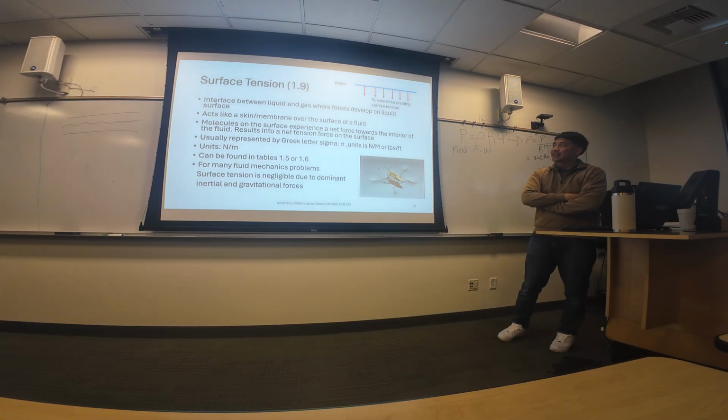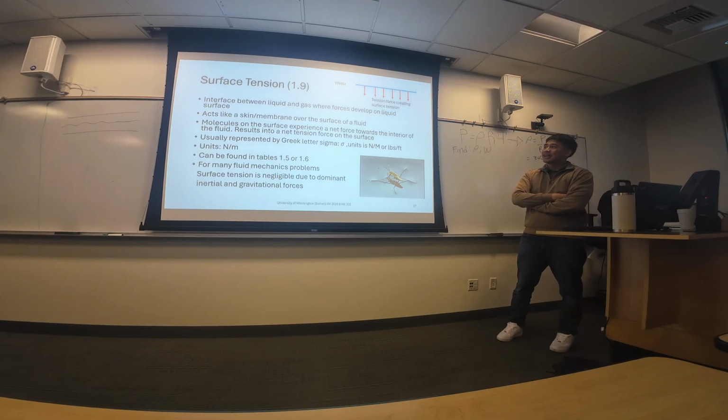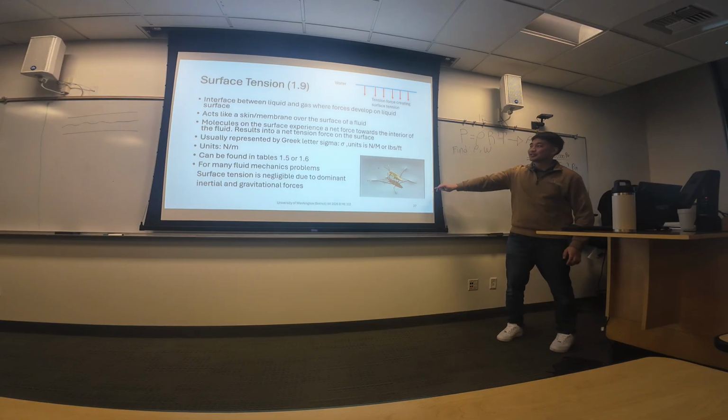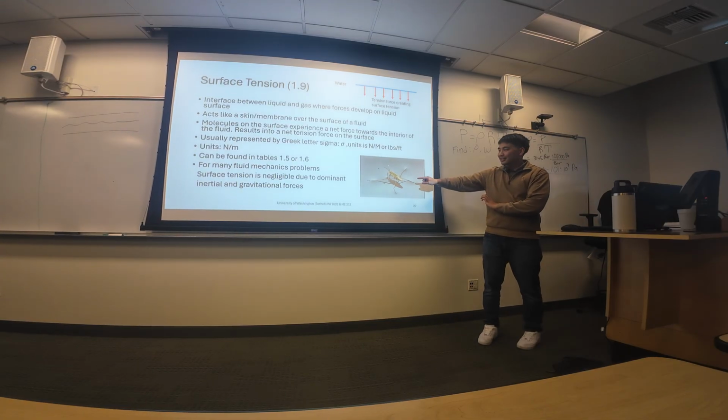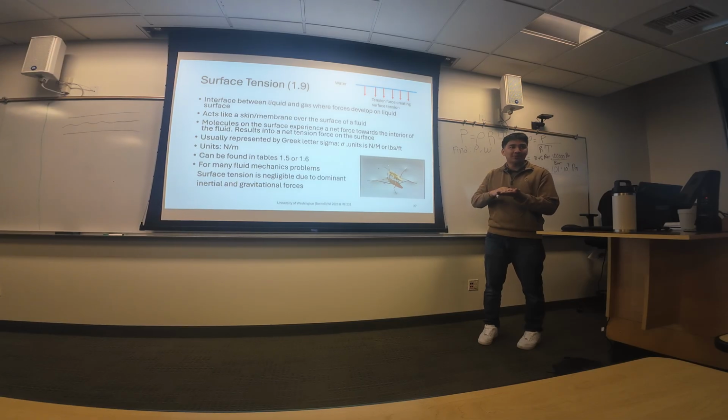In the textbook, they have an example I didn't want to put in here for a reason. They said if you drop a needle or a razor blade on the surface, it will just be upheld by the surface tension. But I thought that's a bad example because you might think it's buoyancy, it's just floating. Here's a really cool example: insects. These guys are so light that the surface tension of the water is keeping them upheld at the top of the water.